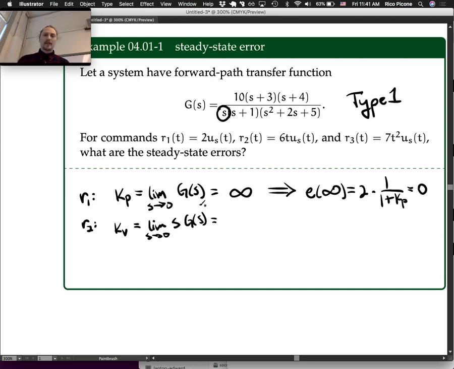What happens when s goes to 0 in the rest of this transfer function? All the s terms go to 0. We get 10 times 3 times 4, and then we get 1 times 5 in the denominator. So 10 divided by 5 is 2. So 2 times 3 times 4 is 24, right?